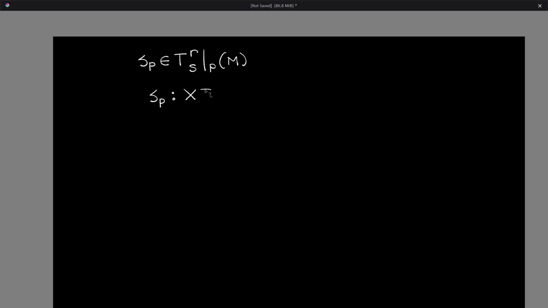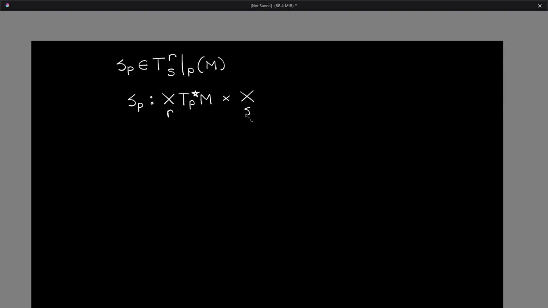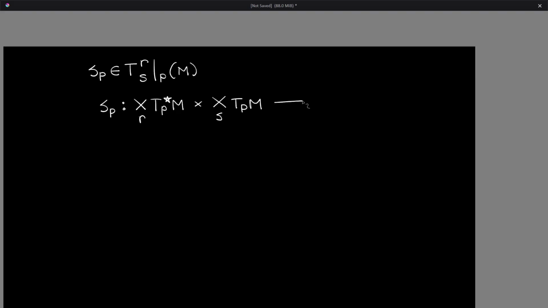Let's say that SP is an element of T R S at P of M, then that means that SP is a multilinear map that takes TP star M, R times, cross elements from TPM, S times, and returns something in the real numbers.